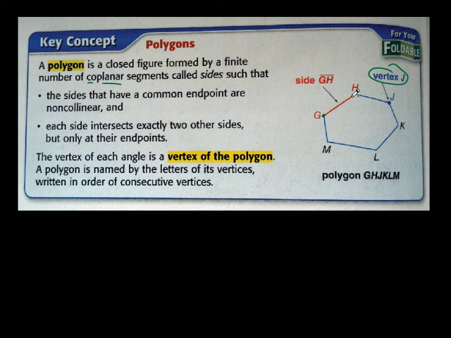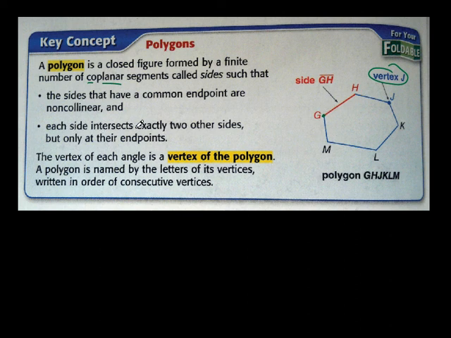Basically what it's saying is this segment and this segment right here can't lie on the same line. See, they lie on different lines, okay? Because if they lie on the same line, it would just be the same exact side. It's kind of wordy just to say that they have to be two separate lines, okay?